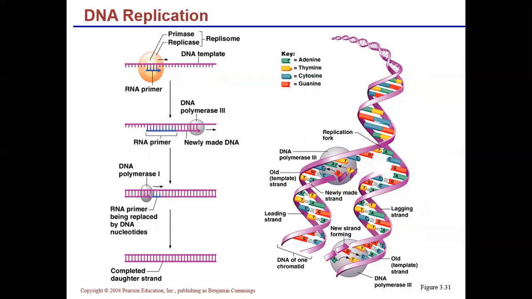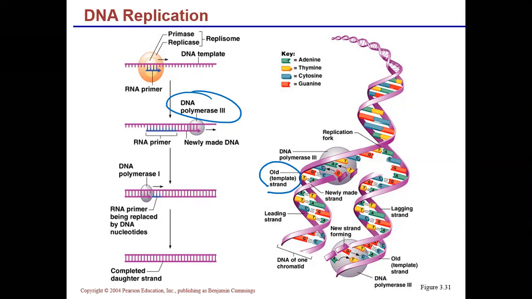And you're keeping the old strand as a template and you're making a new one. In order to add things at the bases, you need an enzyme known as DNA polymerase. But there are different kinds of DNA polymerase as well, like DNA polymerase 1, 2, 3. Don't worry too much about that at this point in time because I'm not really focusing on molecular biology stuff.